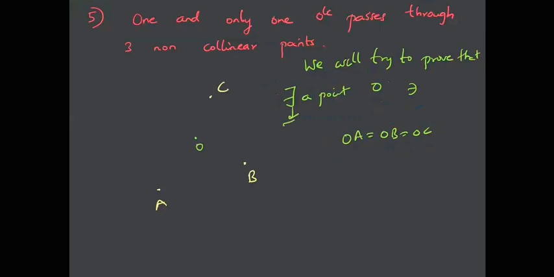So this is the symbol for 'there exists', and this is the symbol for 'such that'. So we will try to prove that there exists a point O for which OA is equal to OB is equal to OC, right?